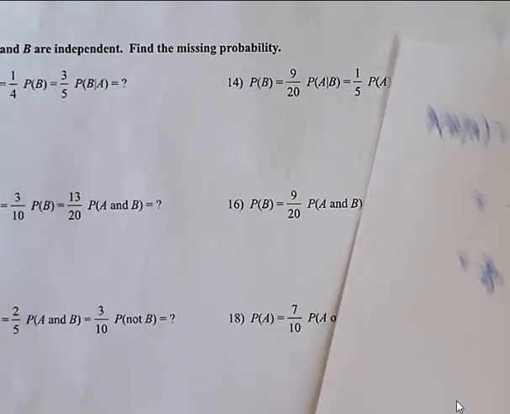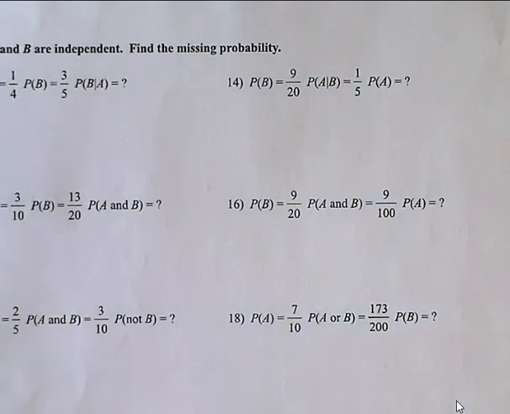Number 17 has got to not be. You have an OR situation on 18. Remember, that just means you're adding. So number 18, if I help you set that one up. Okay.